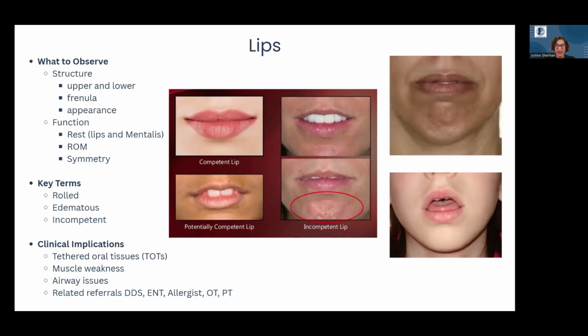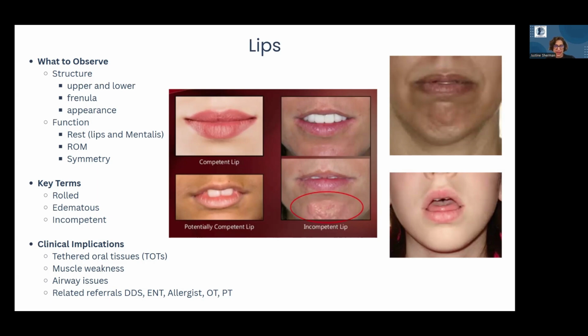And hypertonic or retracted lips may limit movement and drive compensatory articulatory patterns. So if we have restricted frenula, that can interfere with bilabial closure. It can affect labiodental sounds and anterior bolus containment.